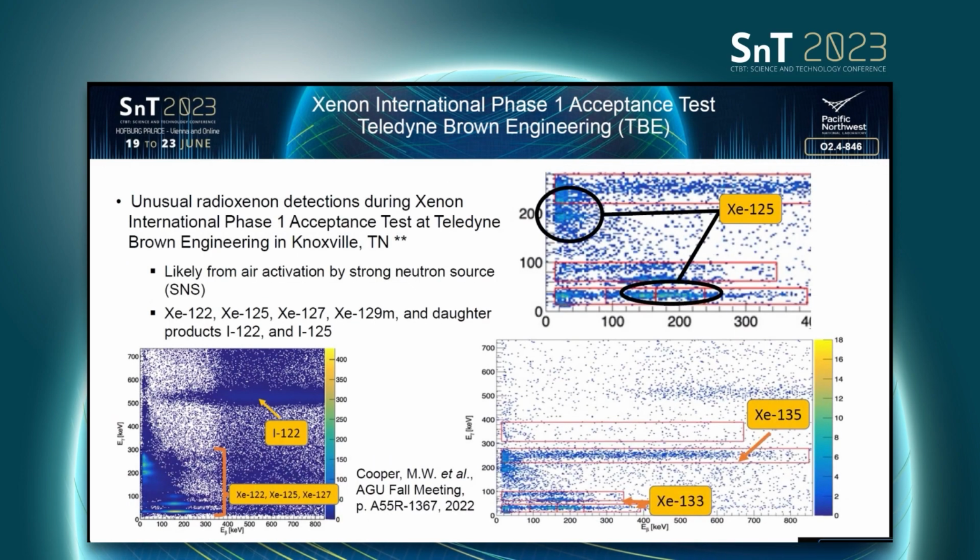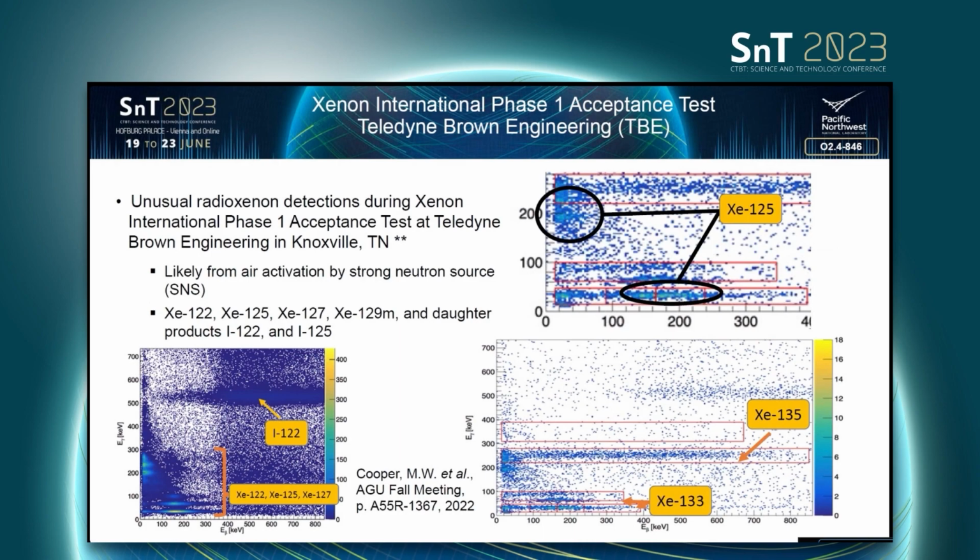But as Sofia just got done talking about was the Xenon International test. One of the things that we did find in phase 1, when the system was at Teledyne Brown Engineering going through the testing, were some anomaly radioxenon hits. The typical radioxenons that we see are 133, 135, 133m, 131m.